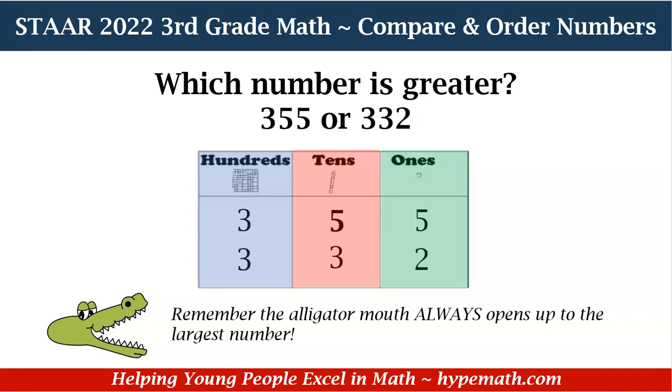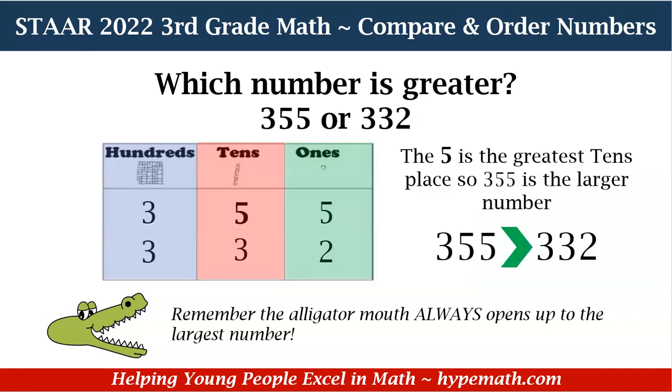So now what we need to do is determine which number is larger. And if you said 5, you are absolutely correct. So when we put our inequality sign, we are going to put 355 is greater than 332. And as you notice, our alligator mouth is opened up to the largest or the biggest number.